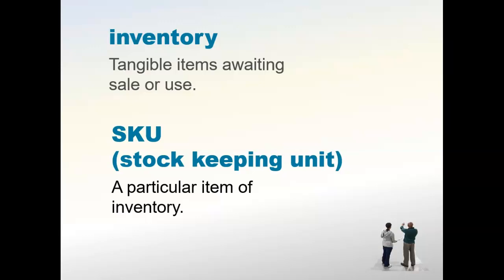A SKU may belong to one or more categories or recognizable types of inventory. This stock also brings with it a set of costs that the organization must pay for the privilege of owning it. Those costs combined with the basic dynamics of inventory management shape the policies the organization develops to manage that particular SKU.